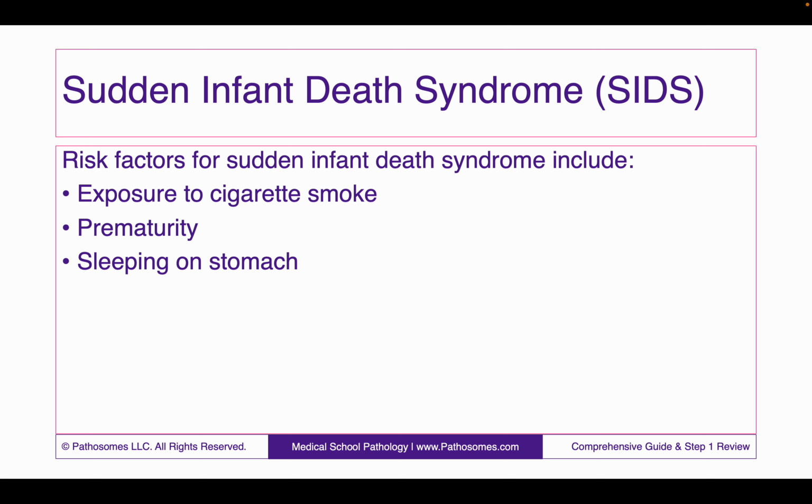Risk factors for sudden infant death syndrome include exposure to cigarette smoke, another reason to not smoke tobacco, prematurity, and sleeping on your stomach, or the baby sleeping on their stomach, I should say.